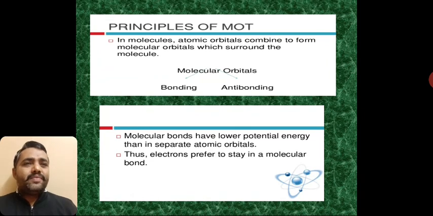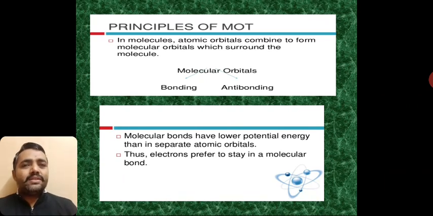Another one, the principle of molecular orbital theory. The simple principle is that one orbital overlaps with another orbital to form a new orbital, and this new orbital is also known as a molecular orbital. Atomic orbitals combine to form molecular orbitals which surround the molecule, meaning molecular orbitals are of two forms, one is bonding, another is anti-bonding.